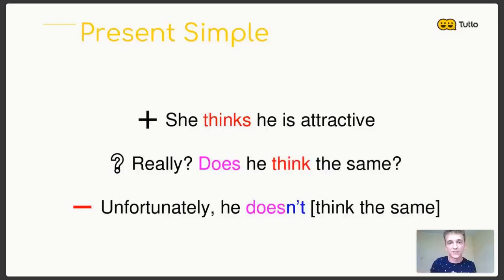What is different is the S. In this case we've got does, before we've got do, but the third person is always with S, so does or doesn't. It's a really important thing, and please don't forget about S in the third person, because it's a crucial thing when you talk about these tenses.